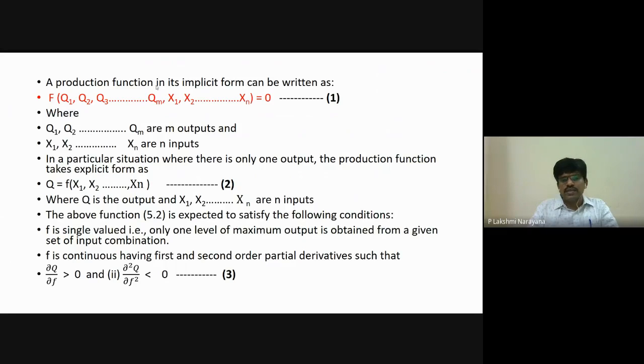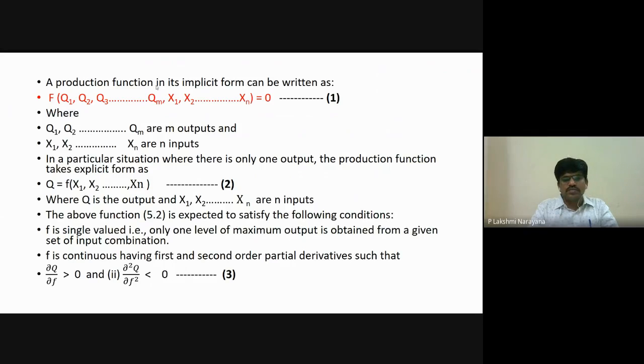The above function is expected to satisfy the following conditions. F is single valued, that is, only one level of maximum output is obtained from a given set of input combination.